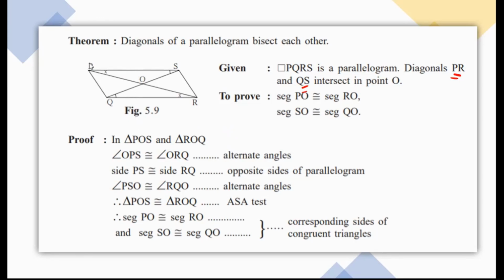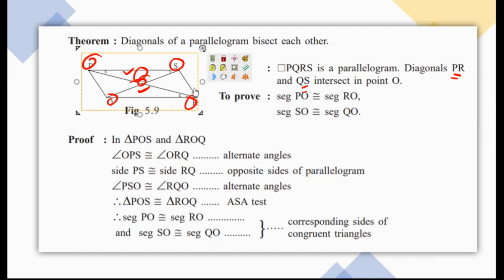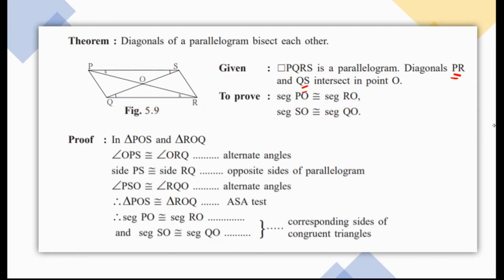Consider the triangle POS, one triangle, and another triangle ROQ. तो ये ट्राइंगल और ये ट्राइंगल कंसिडर करने को बोला है, और उसमें भी हमको देख सकते हैं, we can see that these two angles, if I consider QS as transversal, this angle is congruent to this, and if I consider PR as transversal, this angle is equal to this angle by alternate angle theorem.